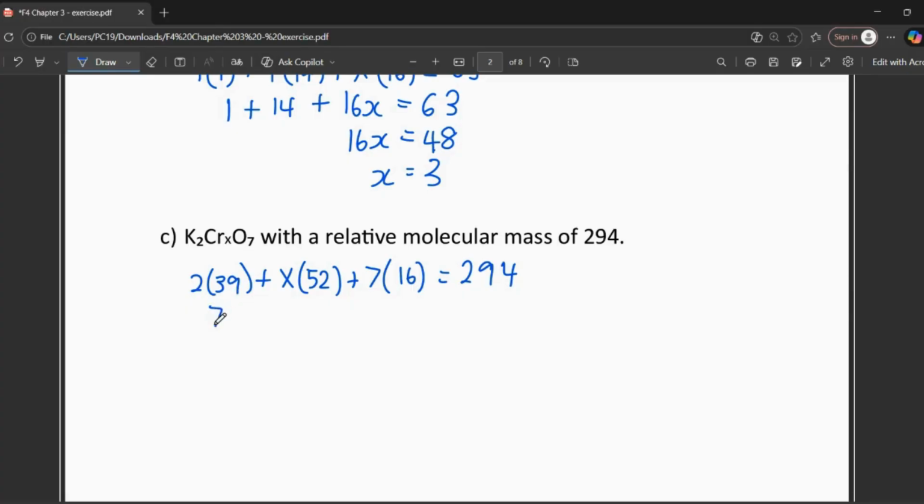Now we'll have 78 plus 52x plus 112. So 52x is equivalent to 104. So 104 divided by 52 is 2.